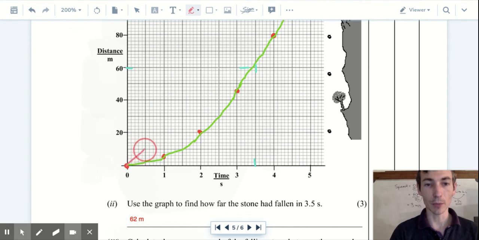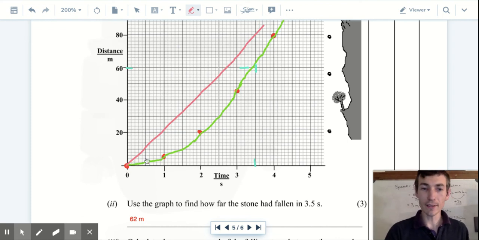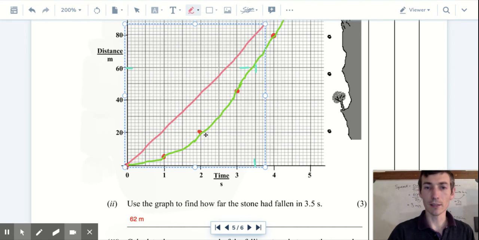Okay. I will do my best at drawing a straight line. Okay. Now, we can see here that we have got a curved line. So this pink line is directly proportional because it's a straight line. Green line is not directly proportional because it is a curved line.